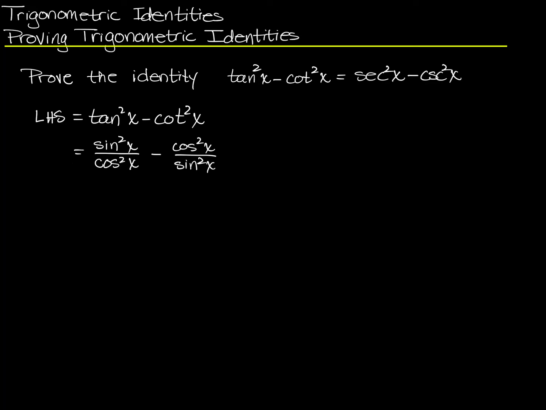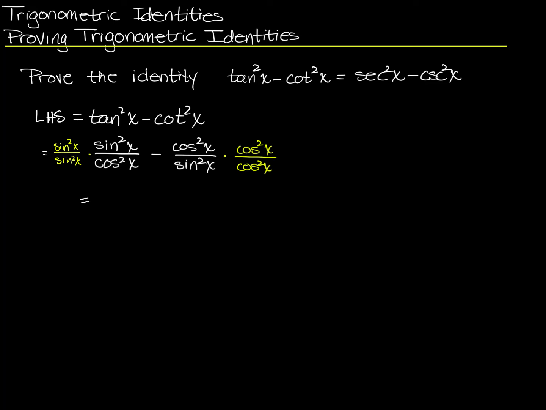Now I have two fractions, so I think I probably want to try and find a common denominator. I'm going to multiply this term by cosine squared over cosine squared, and this term, let's see, how should I do this? I don't want to lose that equal sign altogether, but I'm going to try to squeeze in a sine squared over sine squared. Then I'll put my equal sign back in there.